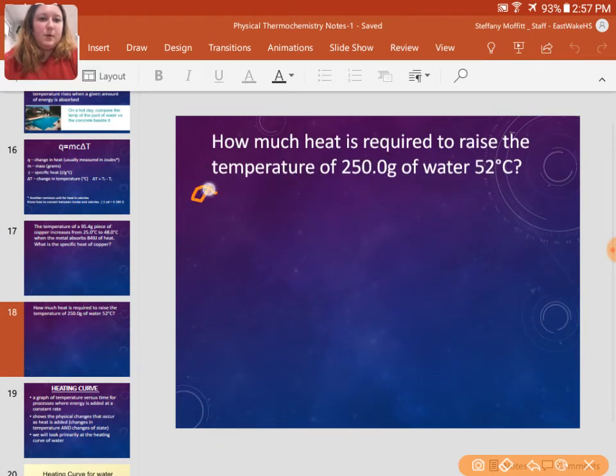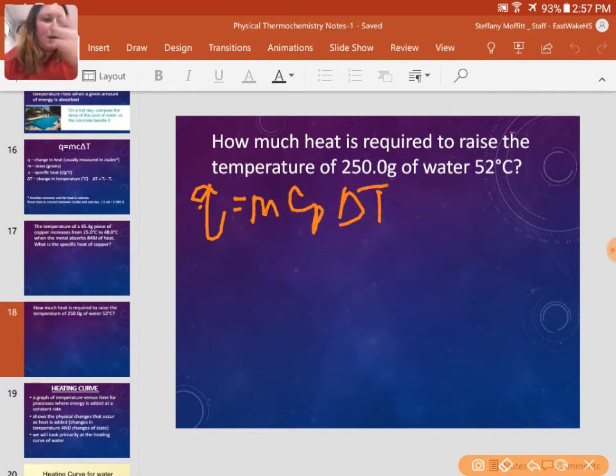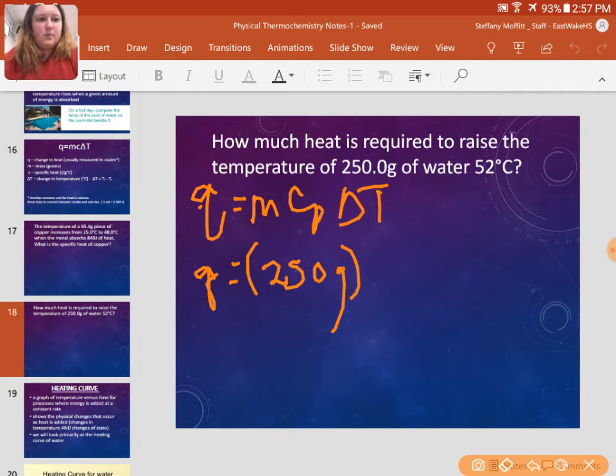So Q equals mc sub P delta T. Q is what we're looking for. M is 250 grams. C sub P, we can look up on our reference table, and for liquid water is 4.18 joules per gram degree Celsius.